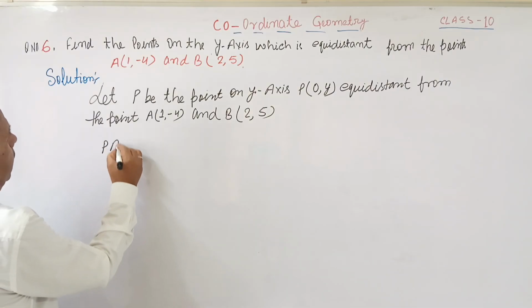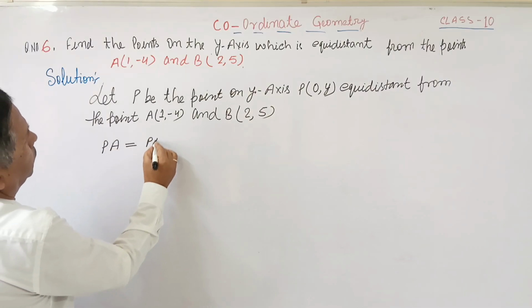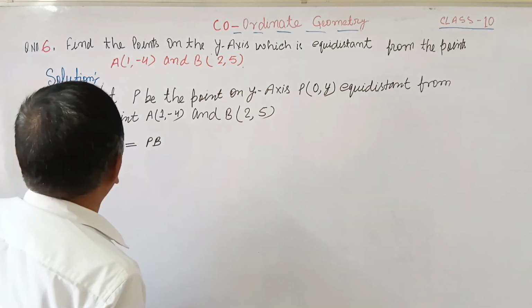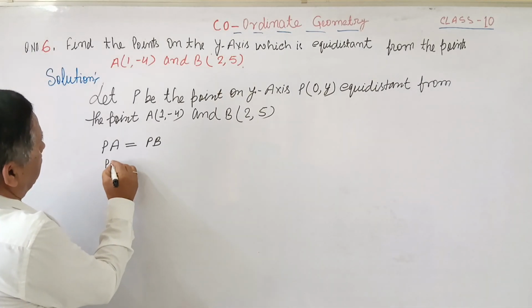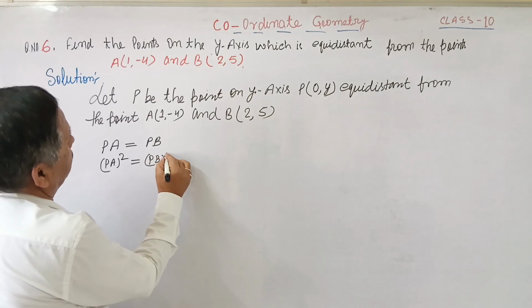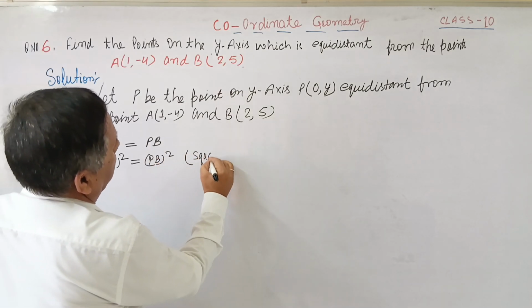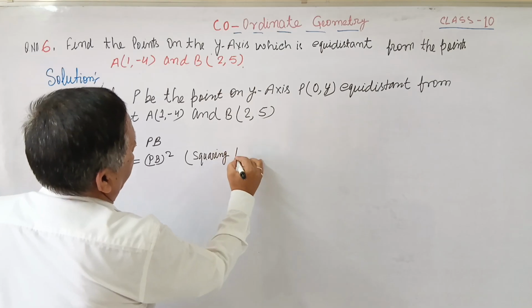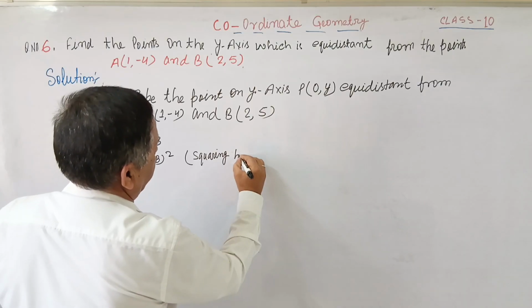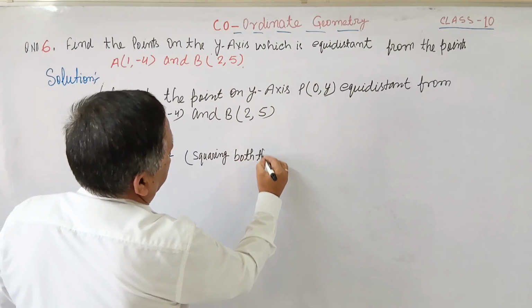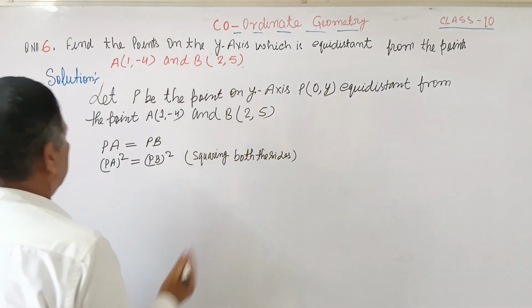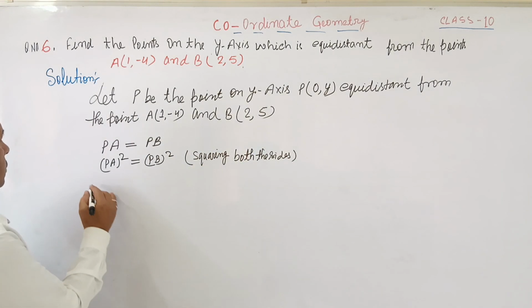So PA will be equals to PB because P is at equidistant from the point A and B. Squaring both the sides, we will be getting PA square equal to PB square. Now we will use the distance formula.